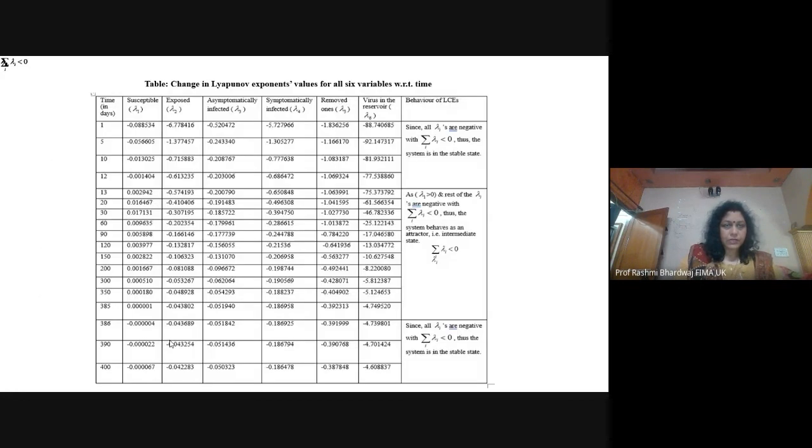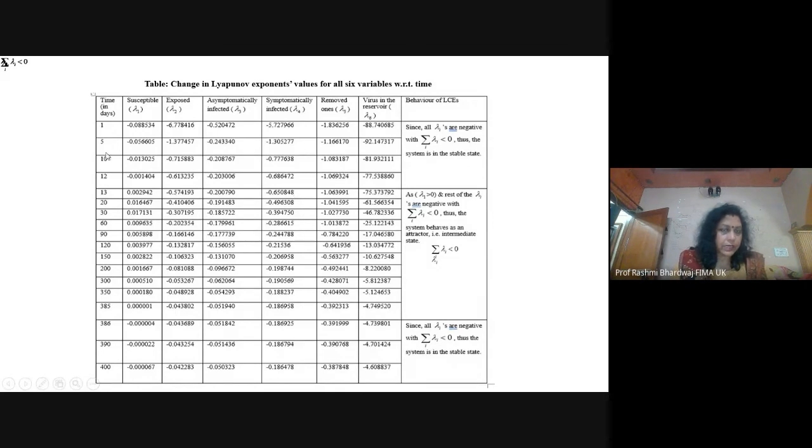Based on this, when we are finding it, you see here, I have talked about the eigenvalues. Here, this is susceptible, exposed, asymptomatically infected, symptomatically infected, removed ones, and the reservoir. In the initial stage, this shows negative values.